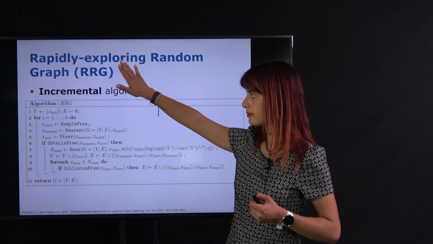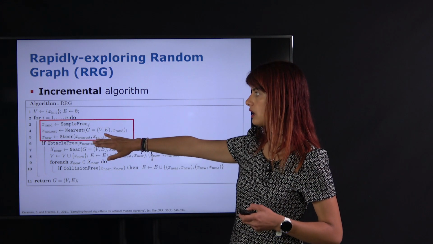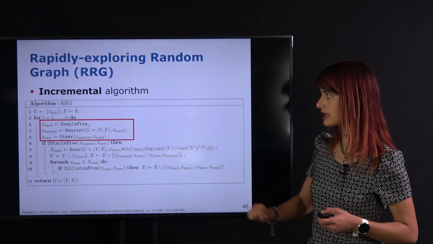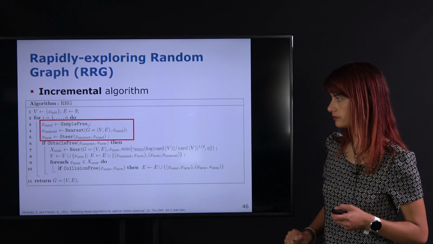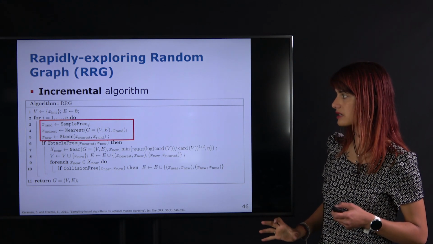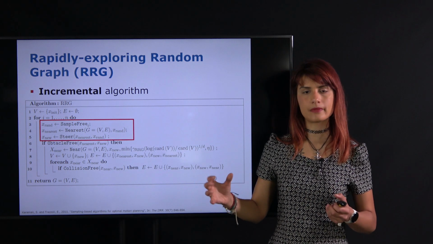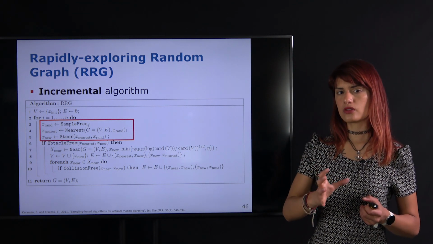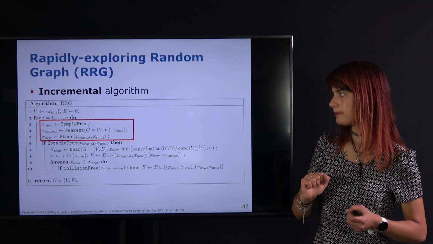So in this algorithm, as in the other ones that we considered, the first step is to sample a node in the free space and try to connect it to the current version of the graph. And the key difference then comes into how we actually make these collision-free connections. So remember we have our collision-free checker, but which nodes do we want to check from?